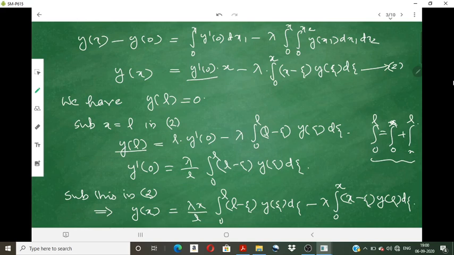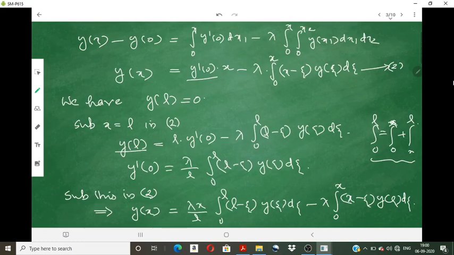So we can write y of x as lambda x by L integral 0 to x plus lambda into integral x to L. When we take integral 0 to x, we can combine the two integrals in the limit 0 to x.